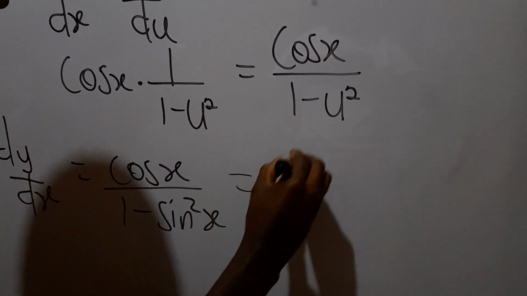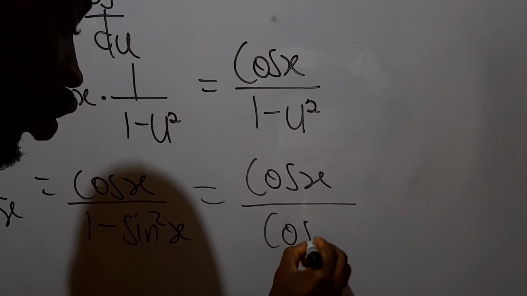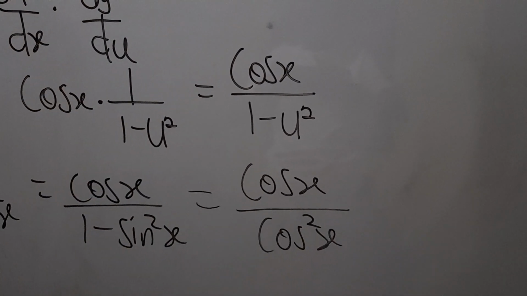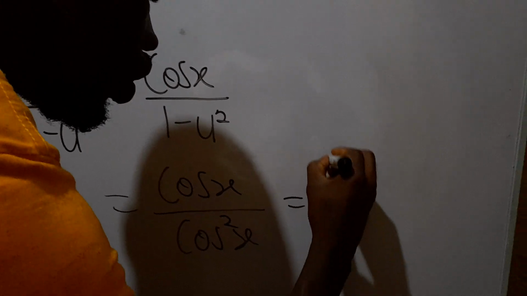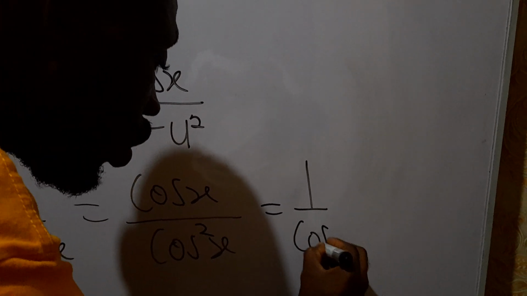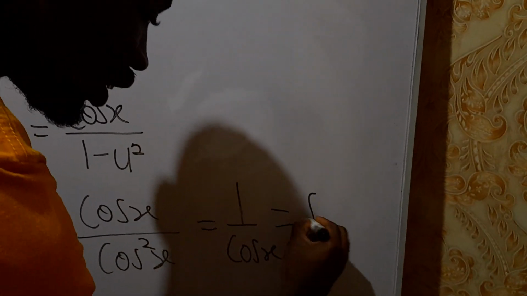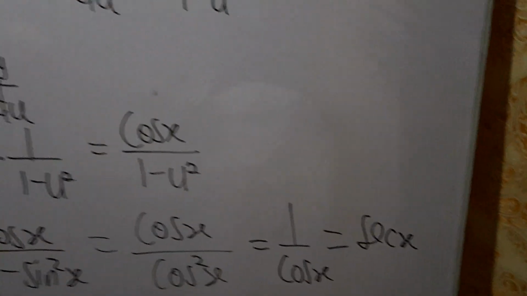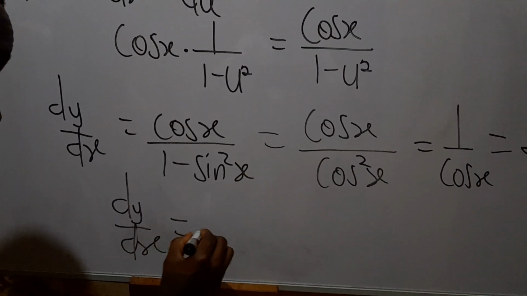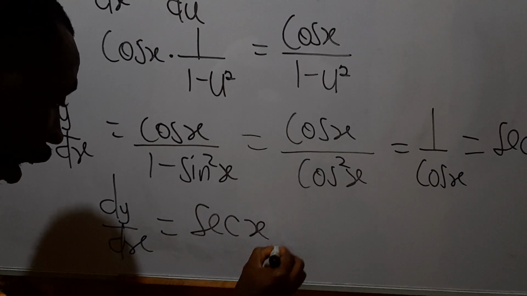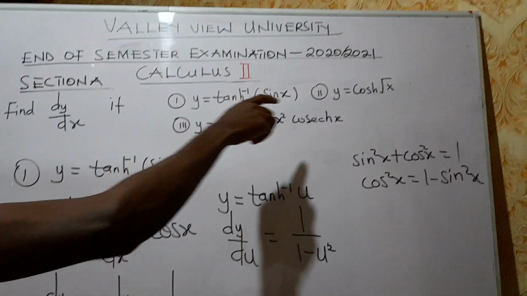So this will be equal to cos x over cos square x. So cos x over cos square x will be 1 over cos x. And remember, 1 over cos x is what? Is sec x. So we can say our dy over dx is equal to sec x. I hope you get that. The next one is this.